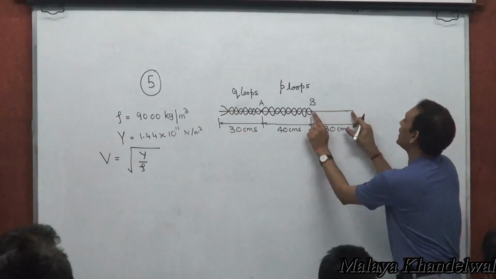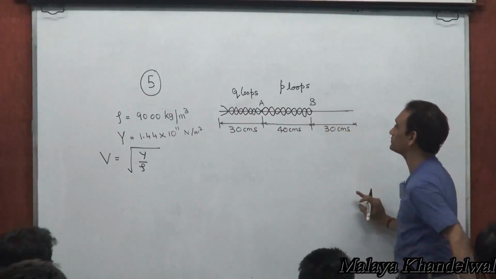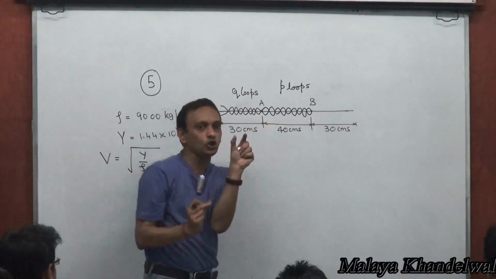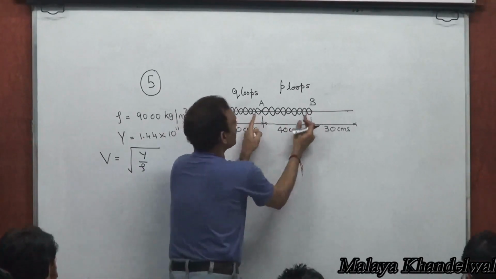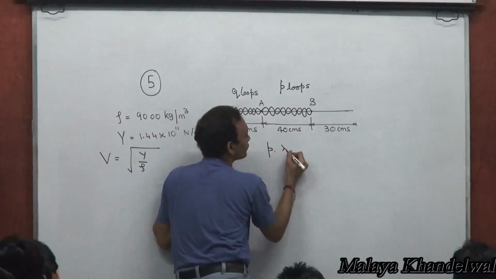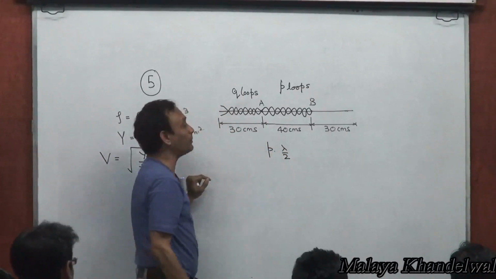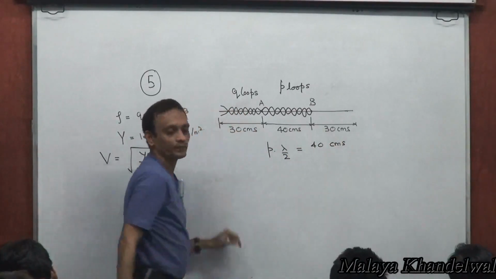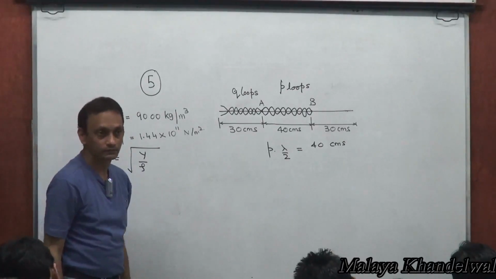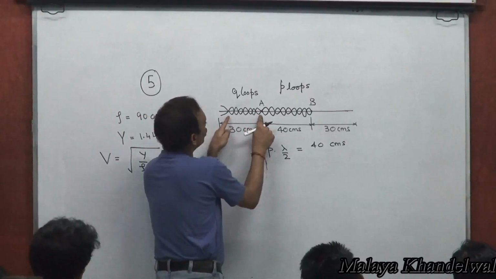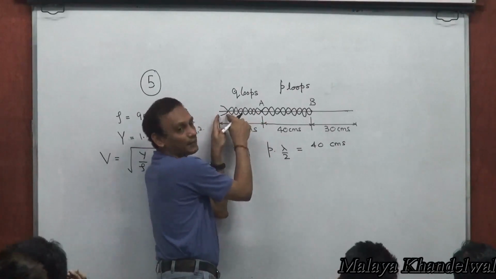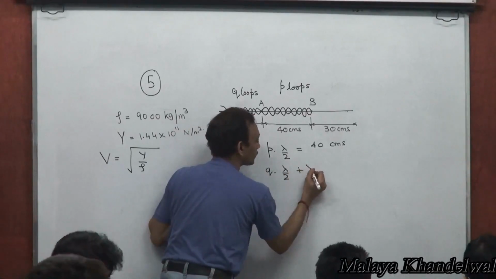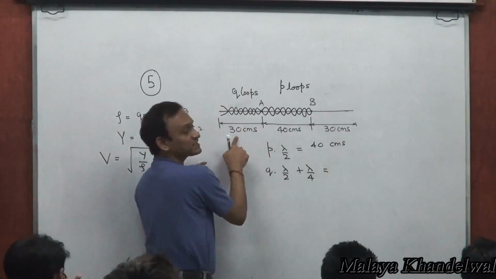Now between A and B, P full loops, and each loop is like lambda by 2. So what is this length equal to? P into lambda by 2, and that must be equal to 40 centimeters. Now at the ends, Q full loops would mean Q into lambda by 2 plus lambda by 4, and that's 30 centimeters.